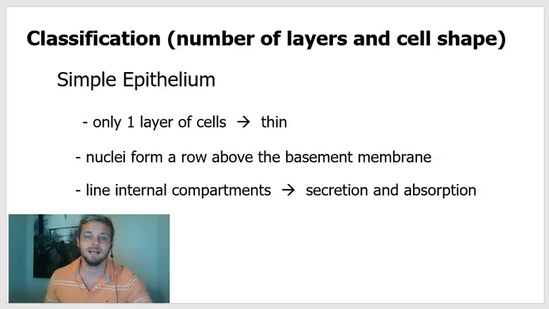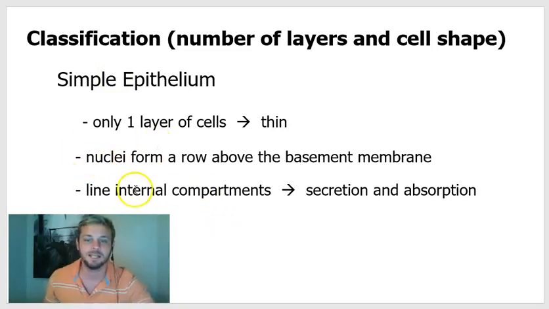When we're classifying and naming our epithelium, we use two major characteristics. One is the number of layers they have, and two is the shape of the cell. On the first one, if you only have one layer of cells, you are a simple epithelium. So that nuclei is just going to be one cell above a basement membrane.